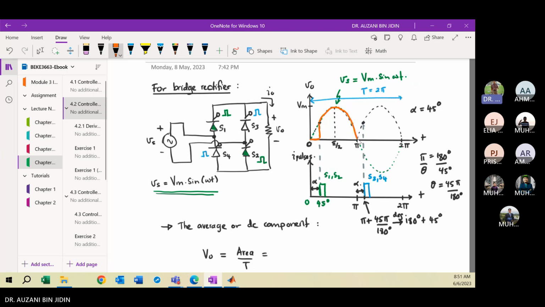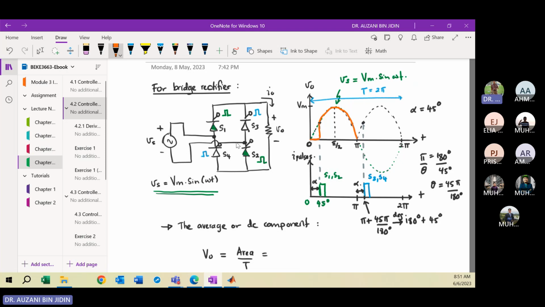Okay. So when your source voltage reduces to 0 at pi angle, your polarity will be negative. Your Vs will be negative. So inherently, these two SCRs, S1 and S2, will be turned off, or in reverse bias. So they will open the circuit.